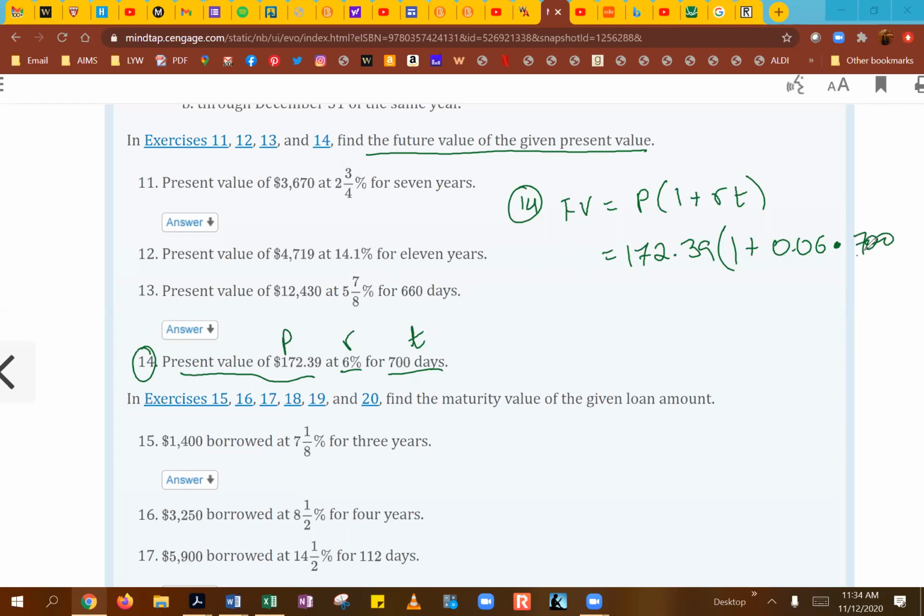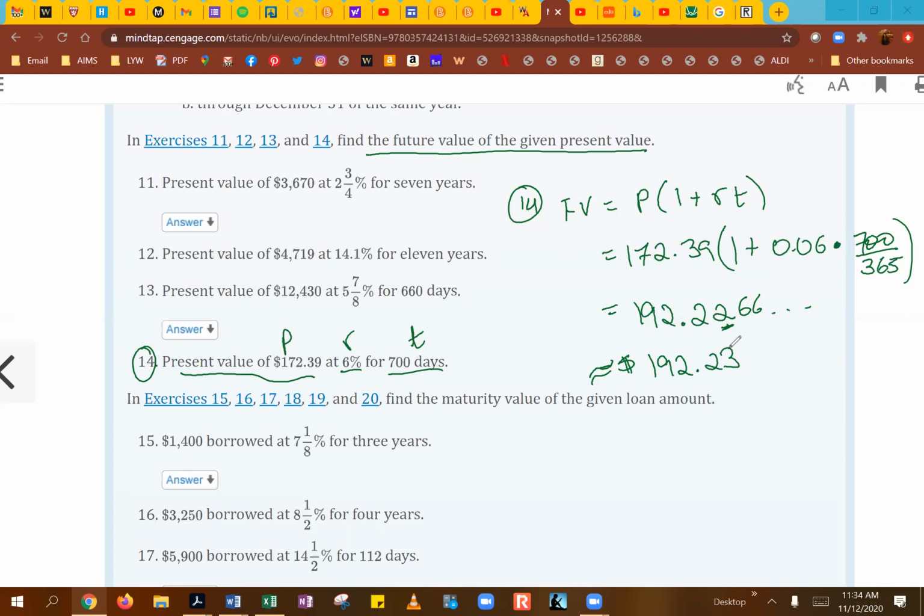We would take that 700 and divide it by 365. So yeah, very nice. It looks like you will end up getting 192 point, actually it's 2266 and keeps going. So rounding it to the nearest cent will end up giving us $192 and actually 23 cents.